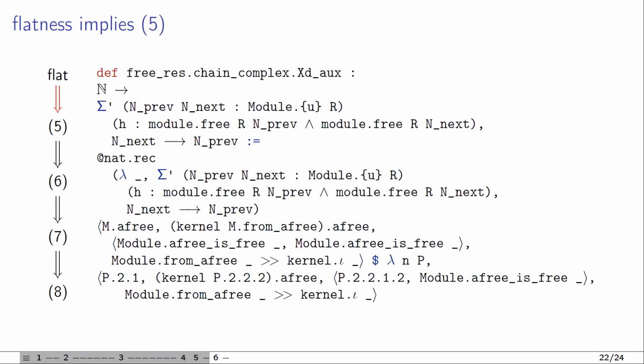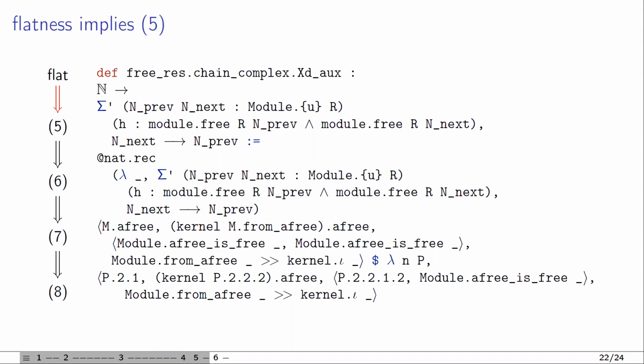So this Nat.rec, the first argument is what we want to do with this recursion: we want the zeroth module to be just M copies of R, and we want the next module to be the free module associated with the kernel of the first map we're going to construct.